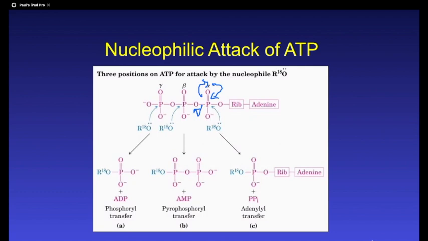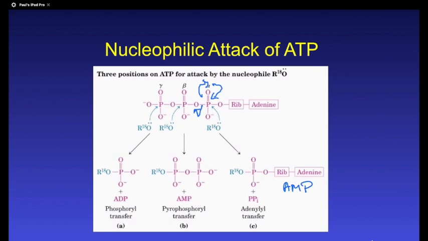I will add 1 phosphate plus ribose and adenine, which is called AMP, and 2 phosphates fall off. And so if you see at the beginning ATP, and you see at the end PPi fall off and an AMP stuck onto your molecule, it attacked at the alpha.